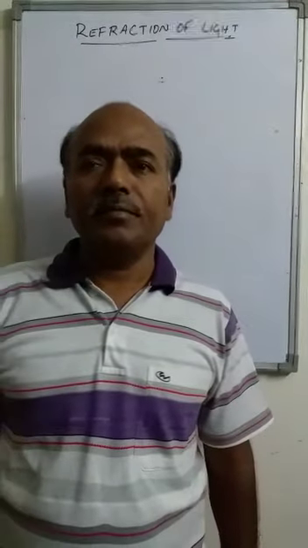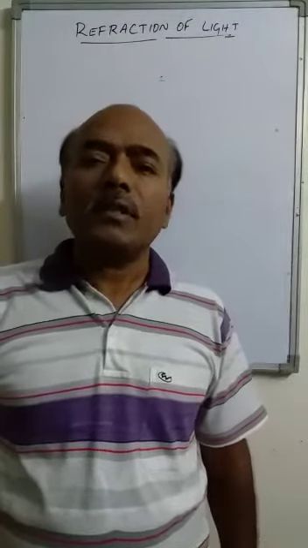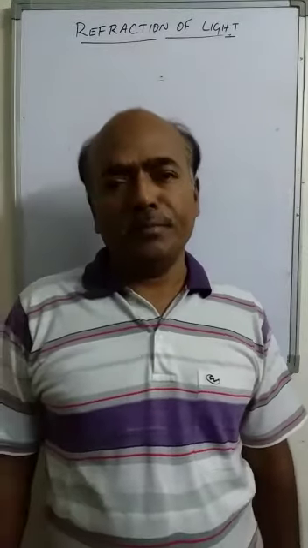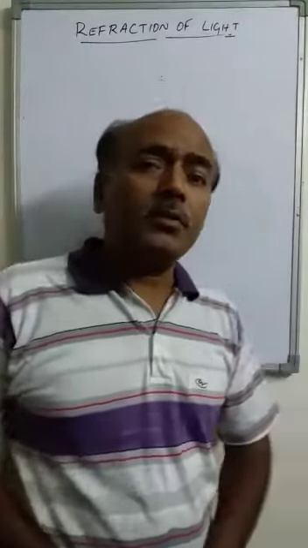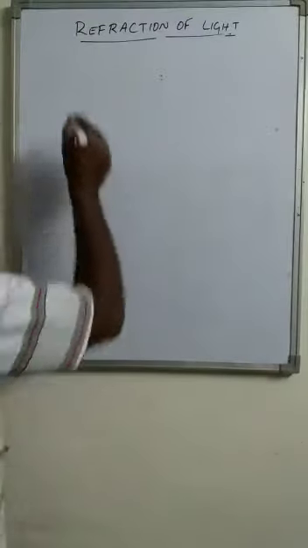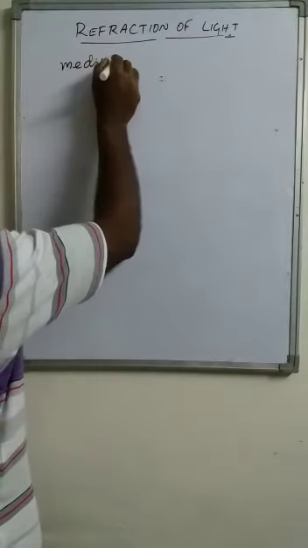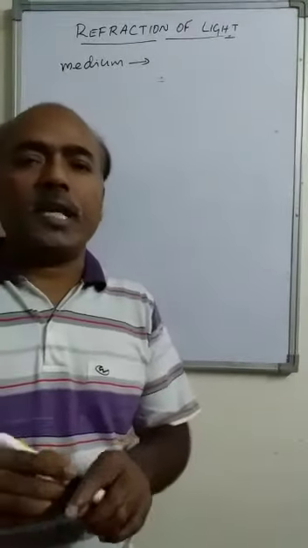Among them, there is one property: it always travels along a straight line in the same medium. Here we must know the term medium. Medium means the substance through which light travels.